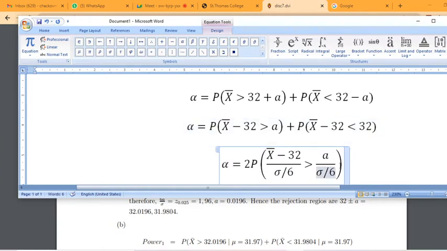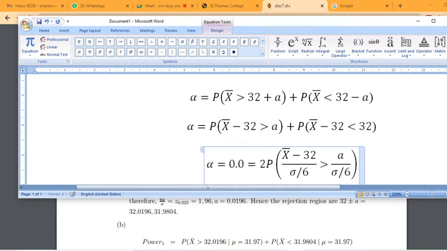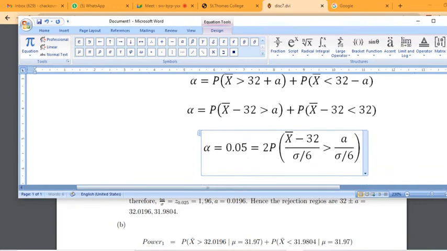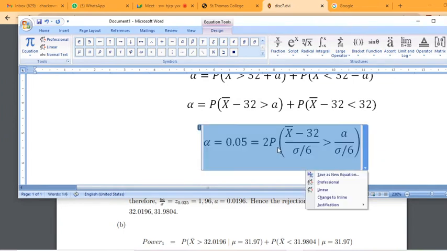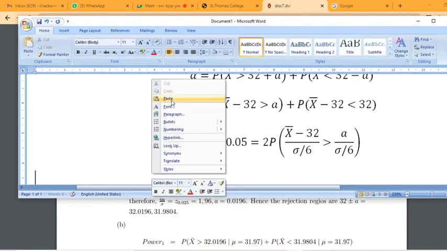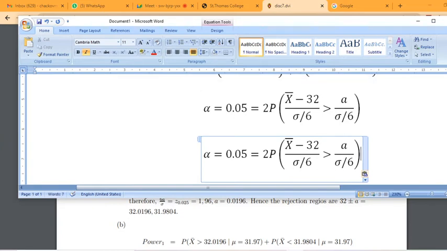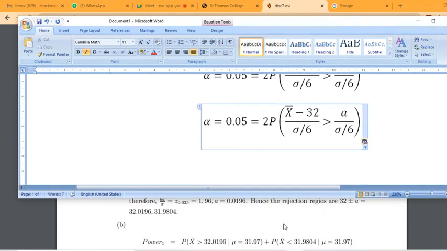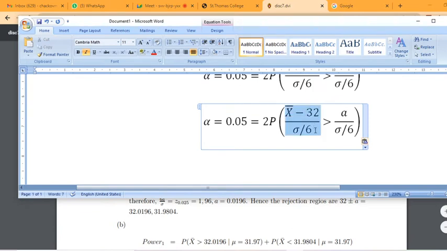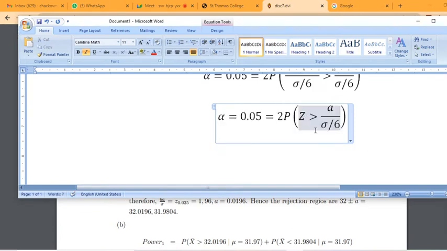Okay, but you know that the value of alpha is equal to 0.05. So this is actually the standard normal random variable. What is the standard normal random variable? X bar minus 32 by sigma by 6. So we can write Z instead, just replace it with Z, standard normal.